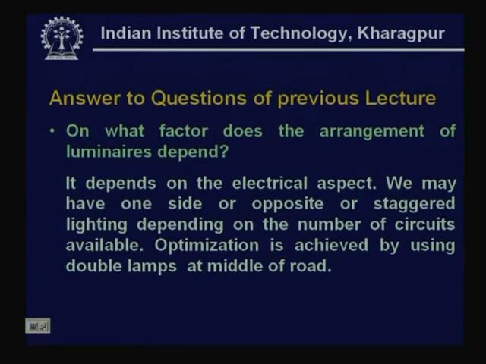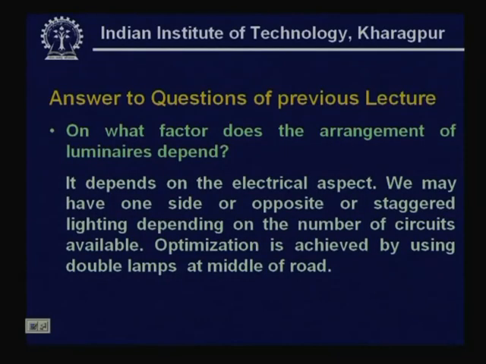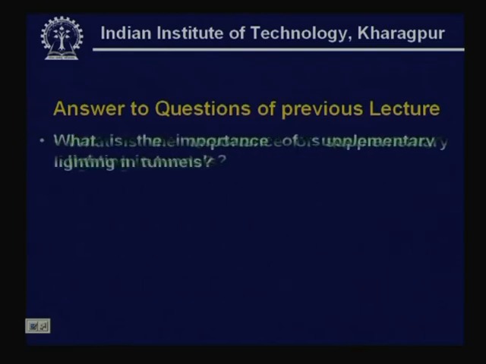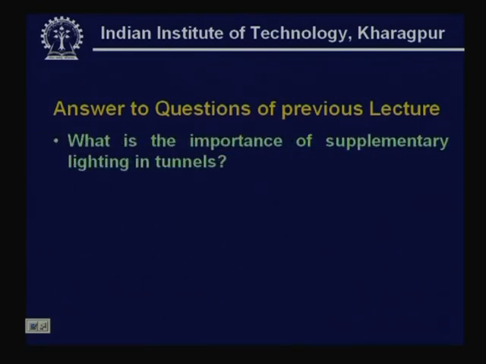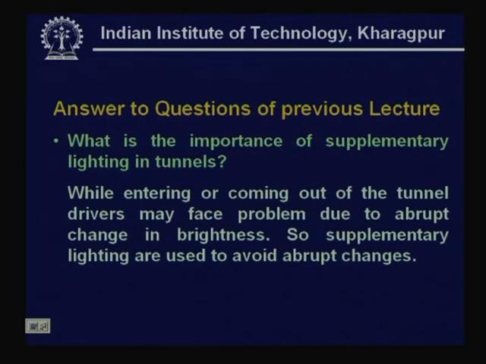If you have lamps on one side, opposite sides, or staggered, the number of circuits becomes complicated. Wherever possible, if the road has more than one lane with a separator, it is preferable to provide the lamps on the separator. Circuits become simpler.